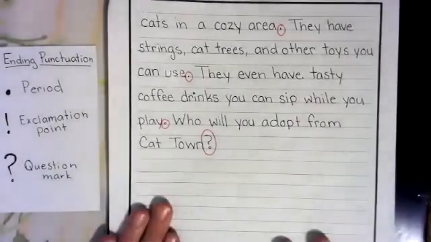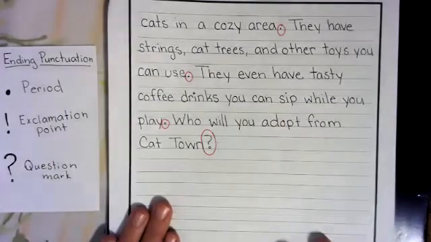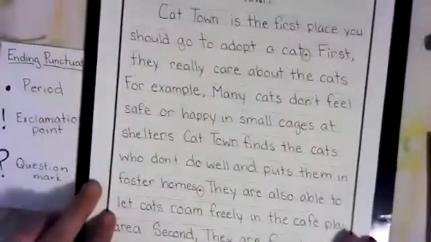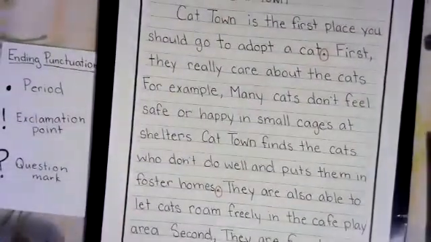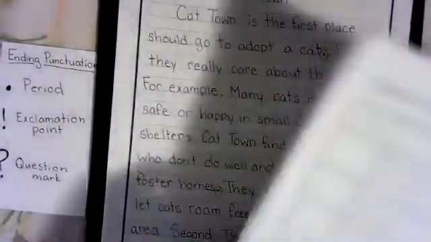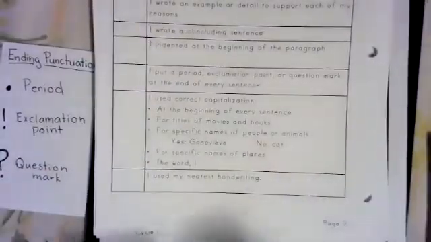Okay, so I've circled my punctuation at the end of sentences. Now let's go ahead and remind ourselves of what we are looking for when we capitalize. Read that on that page.